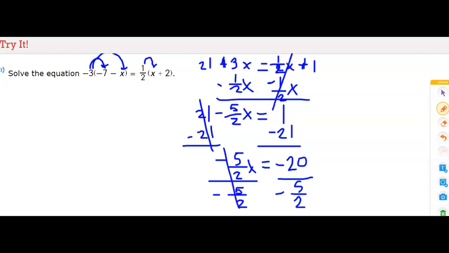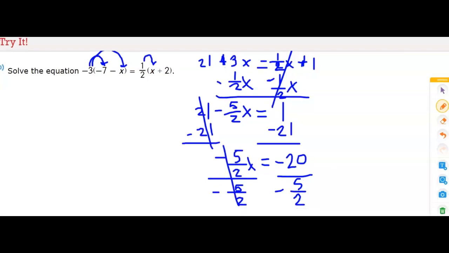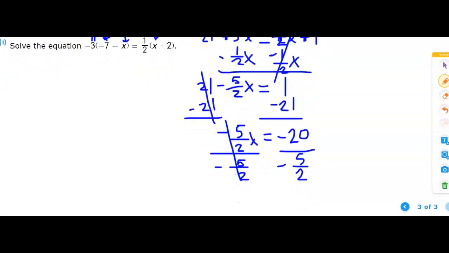This cancels, so we're left with x. X is equal to negative 20 divided by 5/2. I'm going to write this over on this side, negative 20 divided by 5/2.